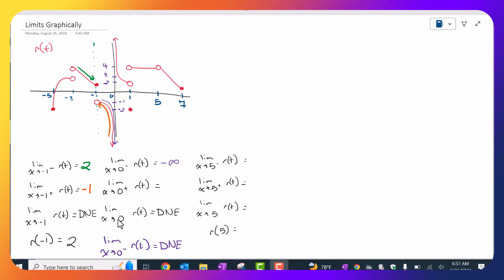But now if we approach 0 from the right, we're going up to +infinity. And then we can look at these two one-sided limits and say -infinity is not the same as infinity. Those do not agree, so our whole limit does not exist. You can also approach it that way.